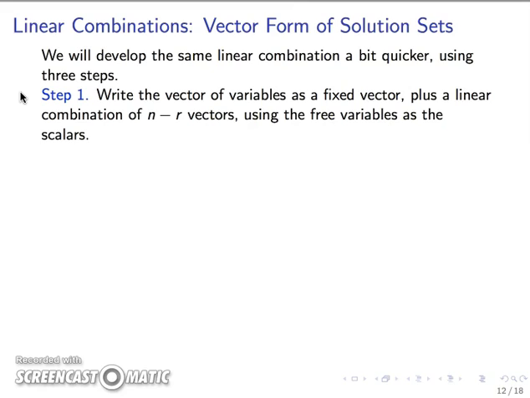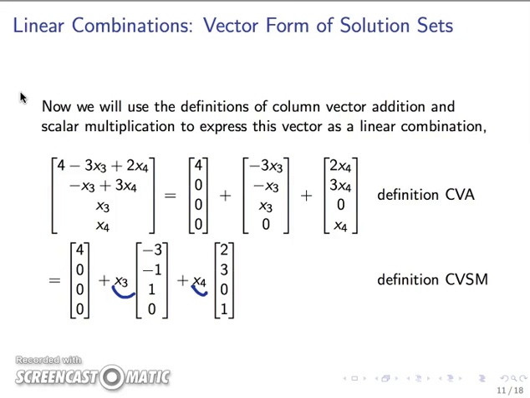The fixed vector is the vector that doesn't have coefficients multiplying in front of it. The vector is not being multiplied by anything. So this is what is typically called a fixed vector.